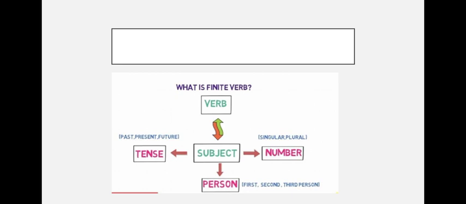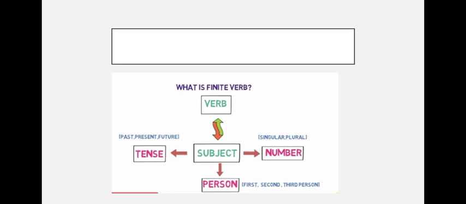Now there are three different parameters on which this limit is fixed. I told you that a finite verb has a limited agreement with the subject. So there are three different parameters on which this agreement, or limitation, is fixed.